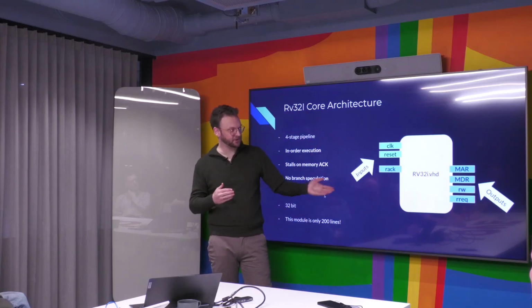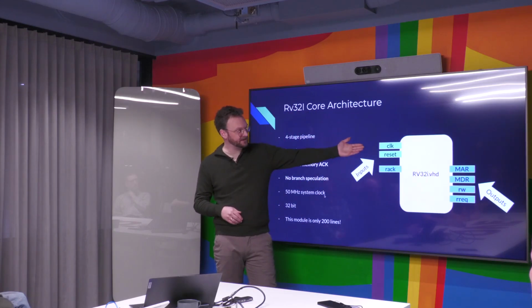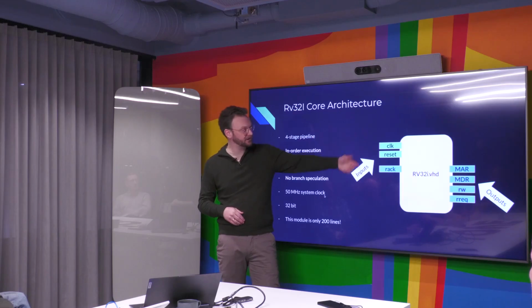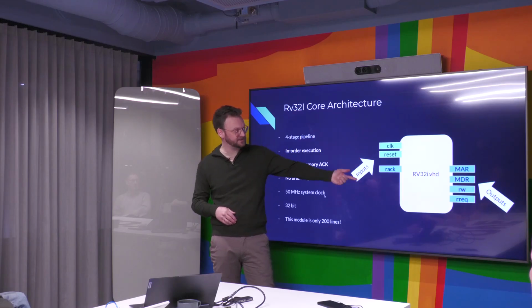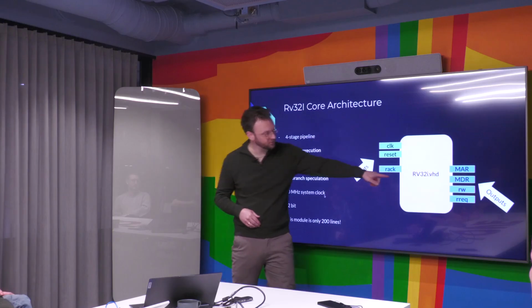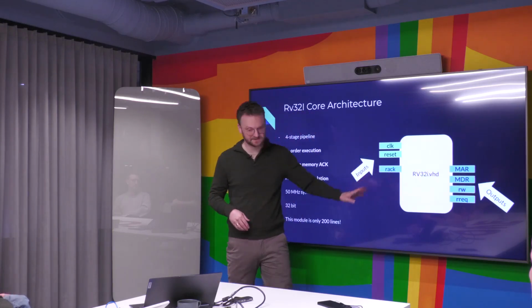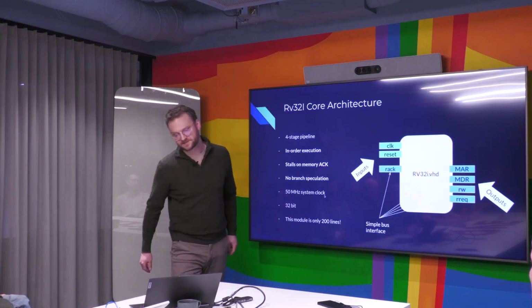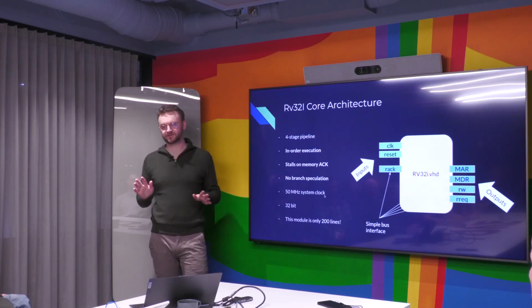Again, it's designed to be very simple. The core has an input clock, a 50 megahertz clock. It has a reset to reset it when it starts. And then you have these blue boxes, inputs and outputs, and that's basically a very, very simple bus interface, so it can talk with other things.